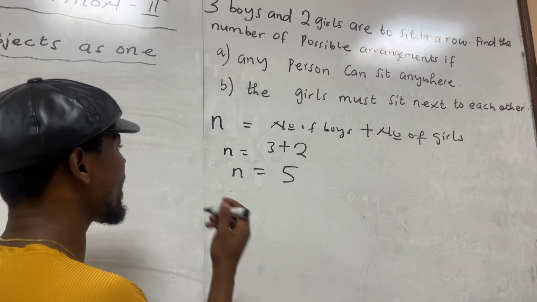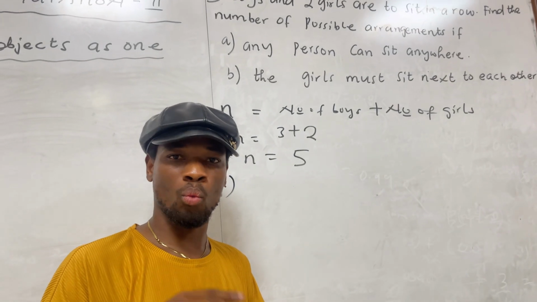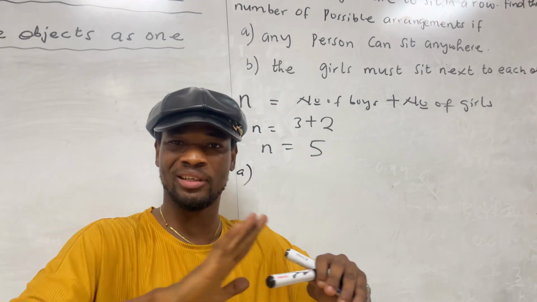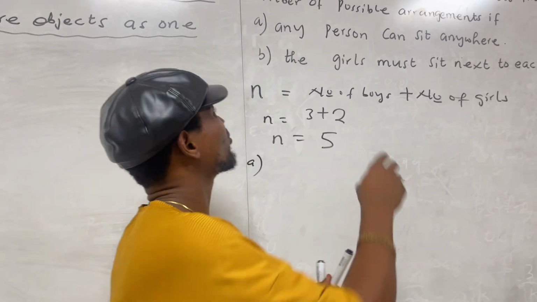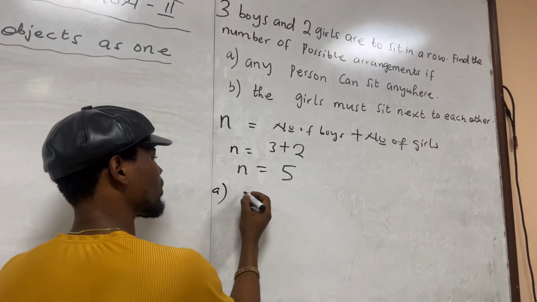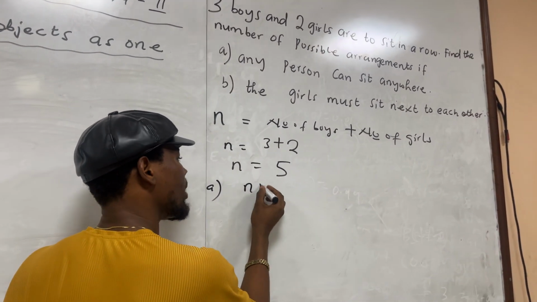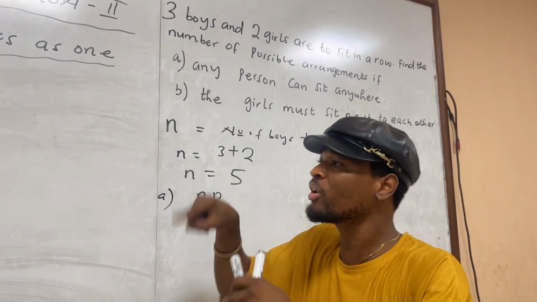So this is permutations without restriction. You were not restricted. They told you that any person can sit anywhere. Whenever you see questions like this, where the r is not pronounced, you know the formula, n permutation r. We have been doing this from our previous lecture videos.